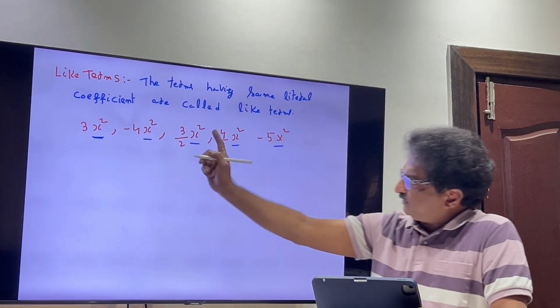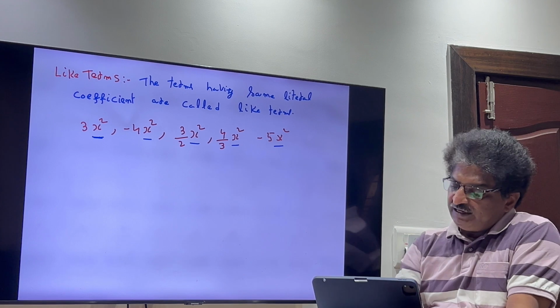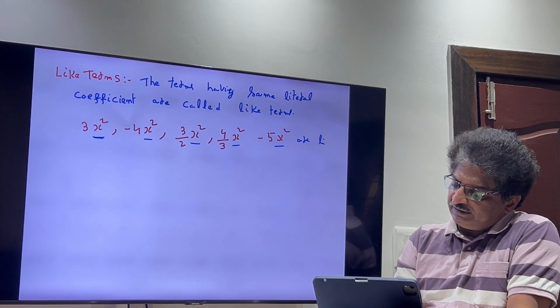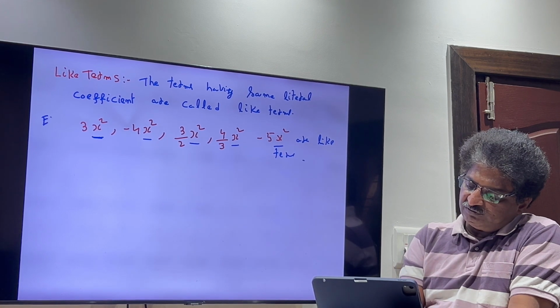Therefore, all these are said to be like terms. It is one of the examples for this.